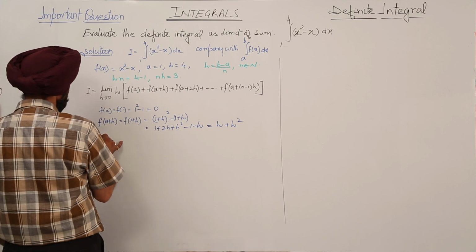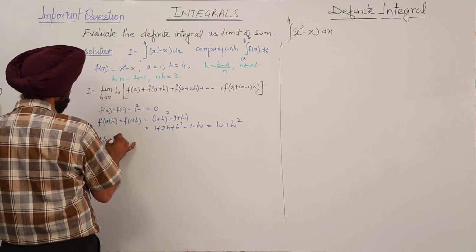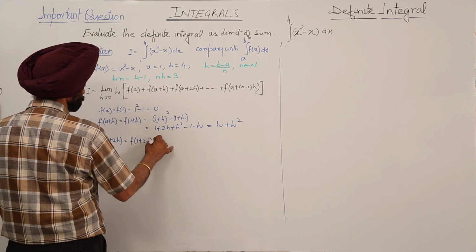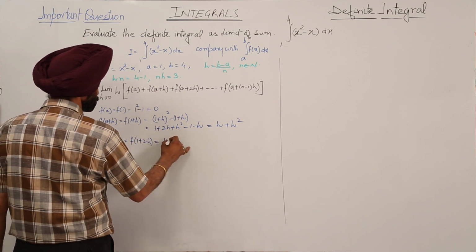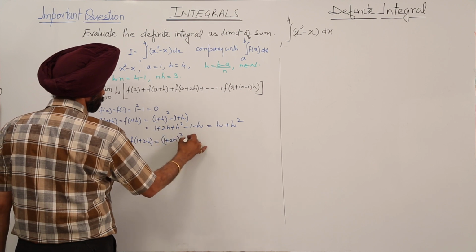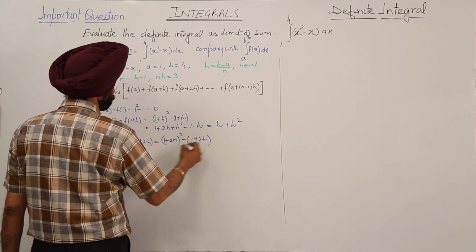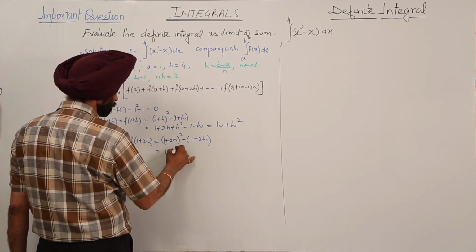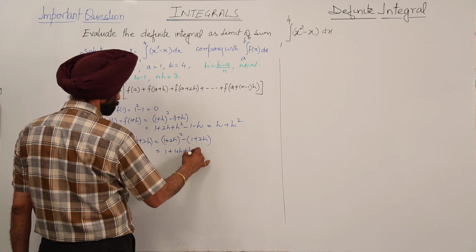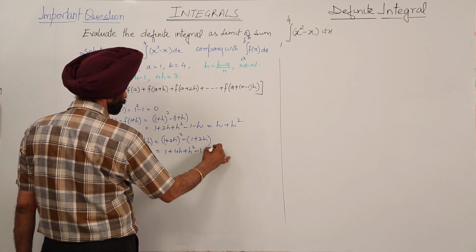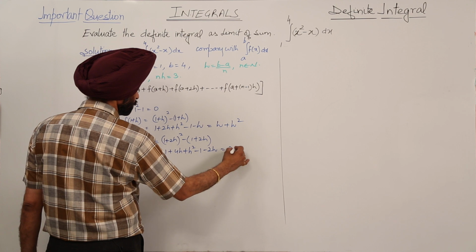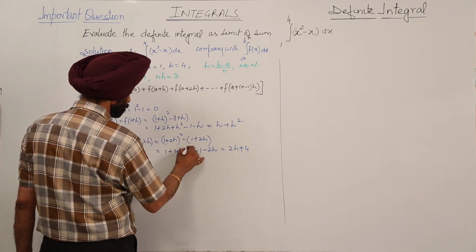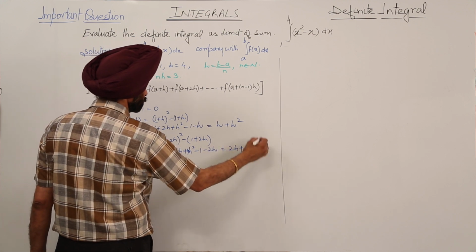Then f(a plus 2h) is equal to f(1 plus 2h), which is (1 plus 2h) whole square minus (1 plus 2h). Now solving this, we get 1 plus 4h plus 4h square minus 1 minus 2h. Now we are left with 2h plus 4h square.